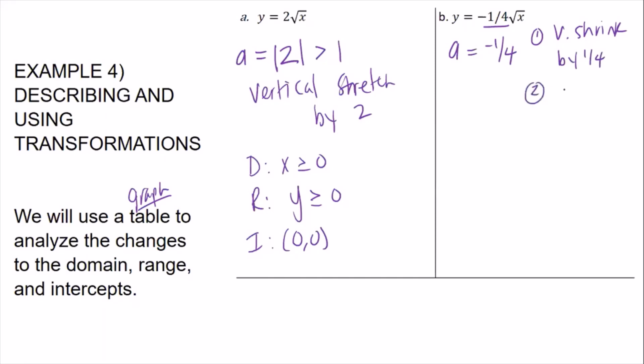The second thing it tells us is that it's a reflection over the x-axis. Because I did not shift left, right, or up or down, that means that my domain and my range are not being affected. So all of these are still going to be the same.